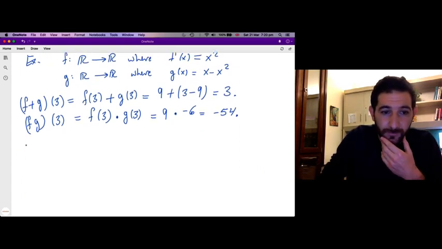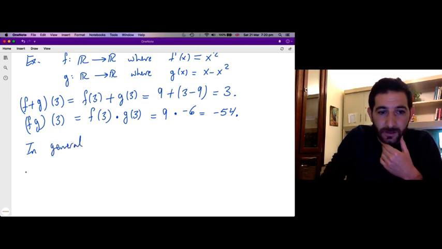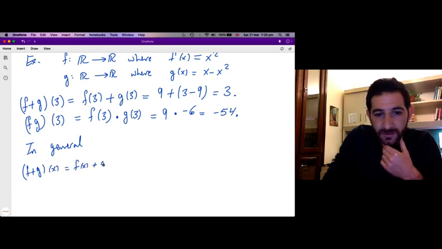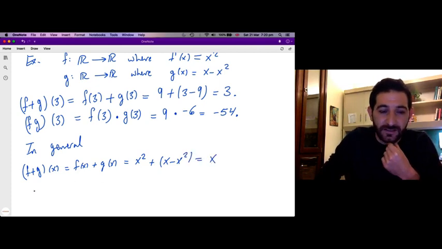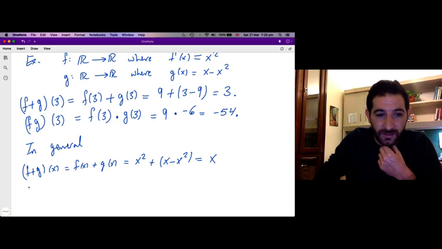So in general, let's find it. In general, f plus g of x is f of x plus g of x, and f of x is x squared plus x minus x squared, and so this will be x, where x is an element in the domain, a real number.